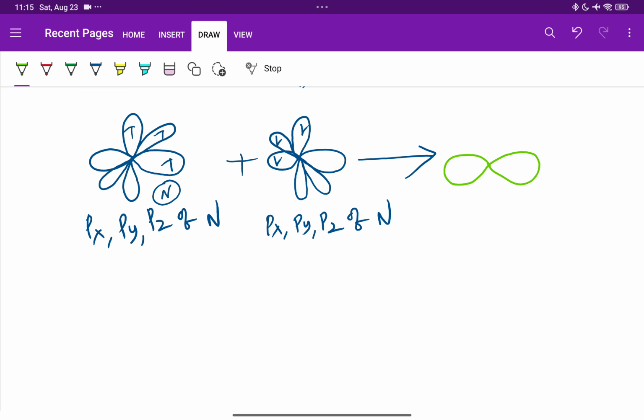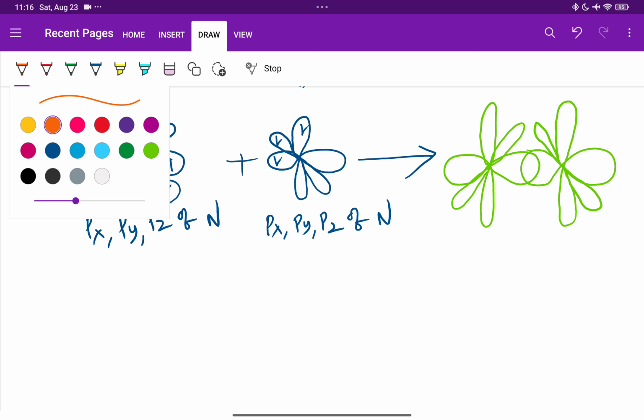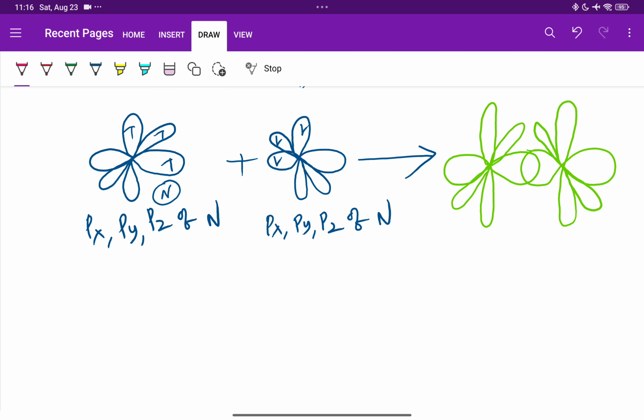Then you can check here, first px end overlap will give you sigma bond in between the two nitrogen atoms. So here you have to draw carefully. This is the method to draw slowly the orbitals, because the diagram is important. Then, for example, py and pz. I told you pi bond is formed by partial overlapping of orbitals.